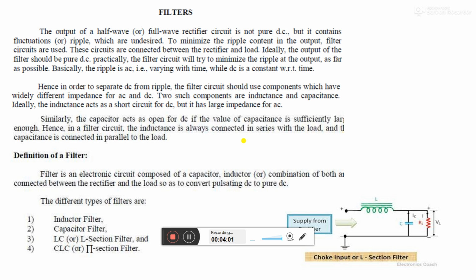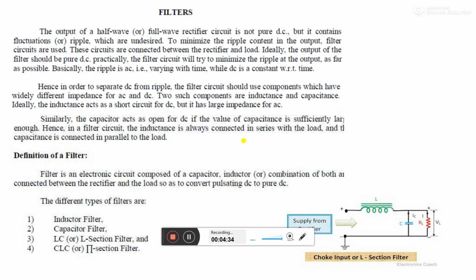Hence, in a filter circuit, the inductance is always connected in series and the capacitor is connected in parallel with respect to the load. I repeat, the inductor is connected in series with respect to the load as it blocks AC and passes DC, and the capacitor is always connected in parallel with the load.